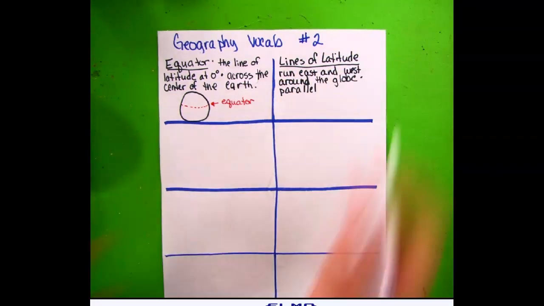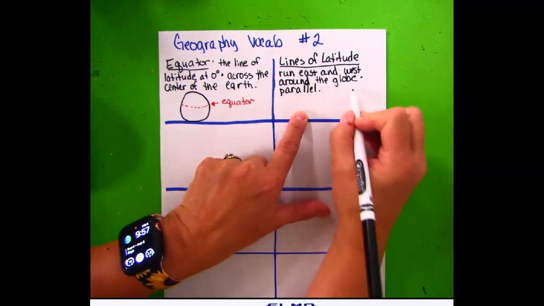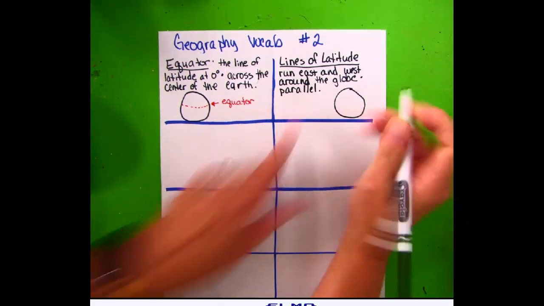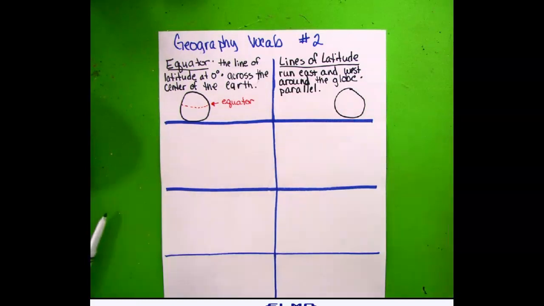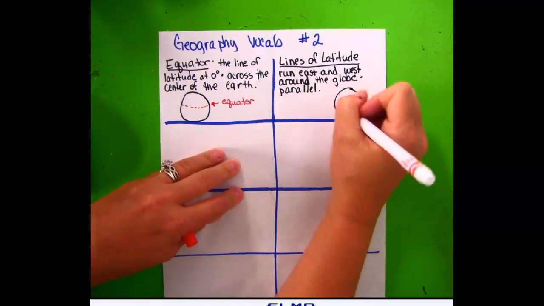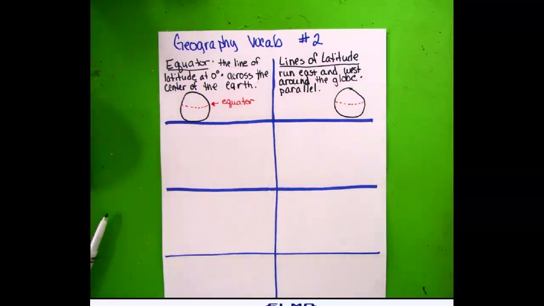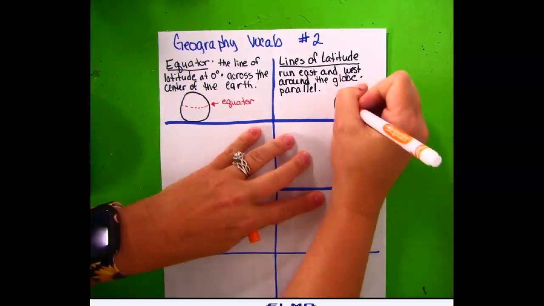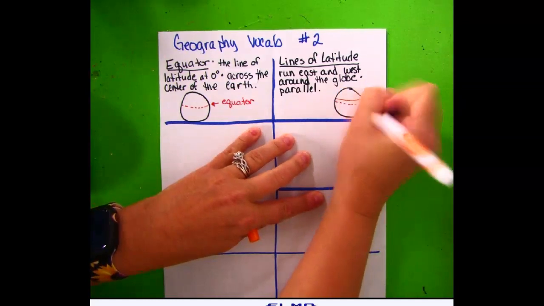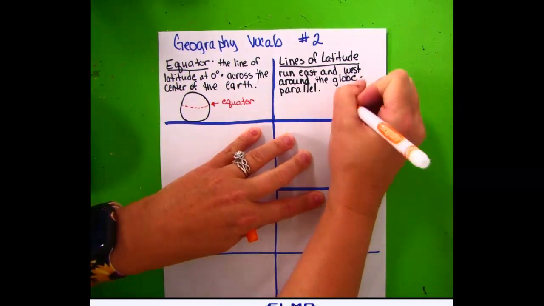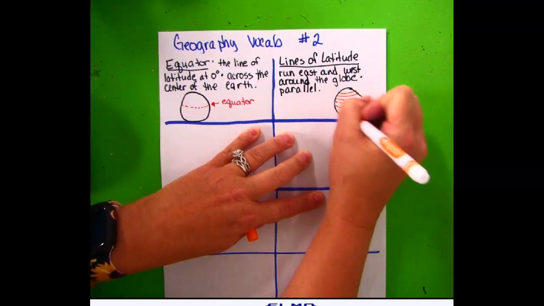So if I have a globe, no, my globe's not perfect. You have the equator, right? Well, now we have our lines of latitude. Our lines of latitude run parallel to each other around the globe.